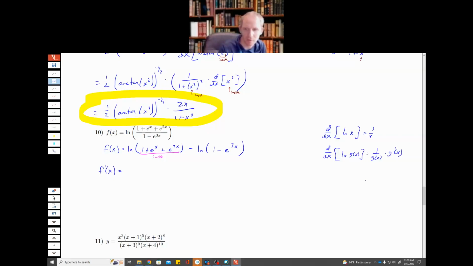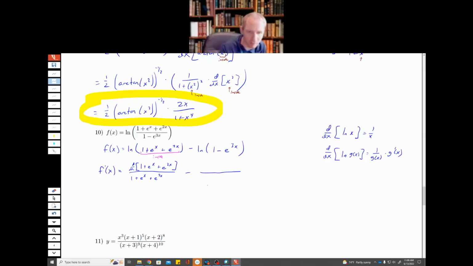Right? That's what the chain rule says. So we get 1 over 1 plus e to the x plus e to the 2x times the derivative of the inside. Instead of writing it as 1 over and then times derivative of the inside, what we typically do is write the derivative of the inside as the numerator. It's just keeping things a little bit more compact.